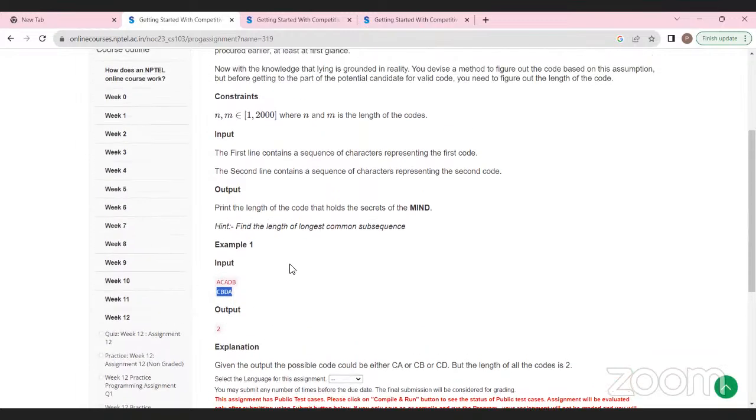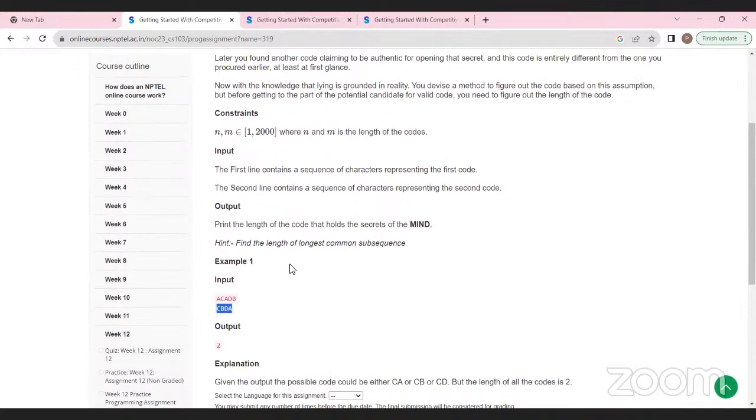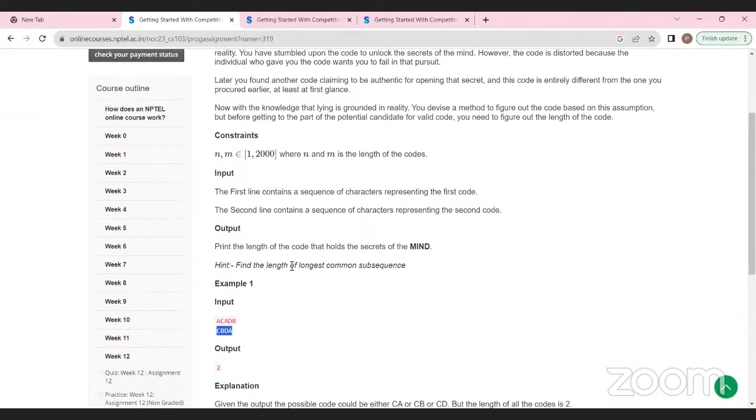Now, how are these the potential candidates? We said that the codes are distorted, but the idea here is that some aspects of the code which are actually true are still part of that code. It's like the original message has been drowned in noise.